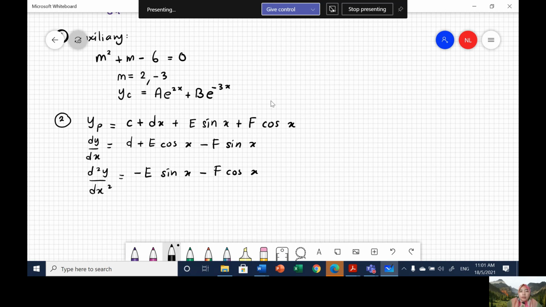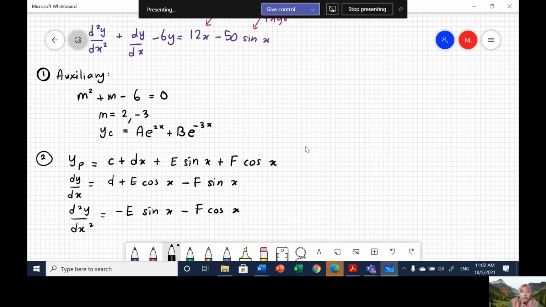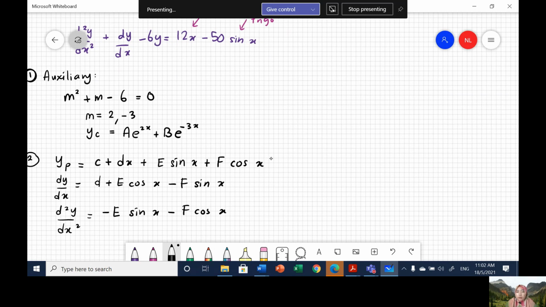Then we plug into our original equation. Then we have this equation.